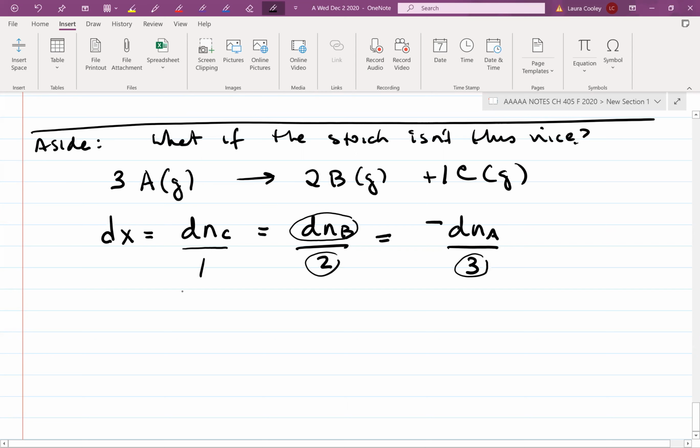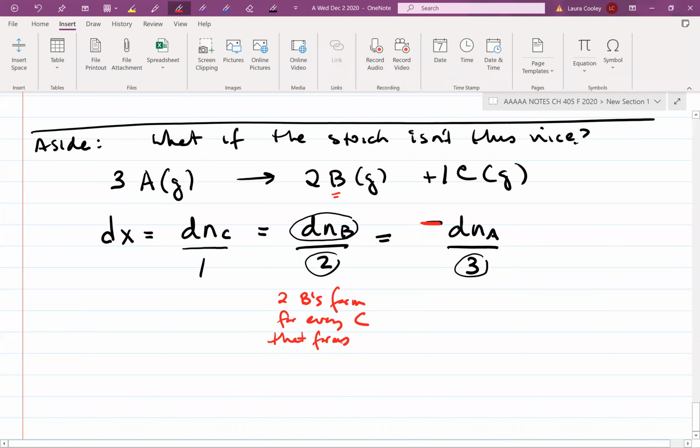This would be, say, divided by 1, right? And anything that's a reactant is going to get a negative sign in front of it to put it on equal footing with the formation of a product, because reactants are going away and products are coming in. And so here I could say that two of these form for every C that forms.